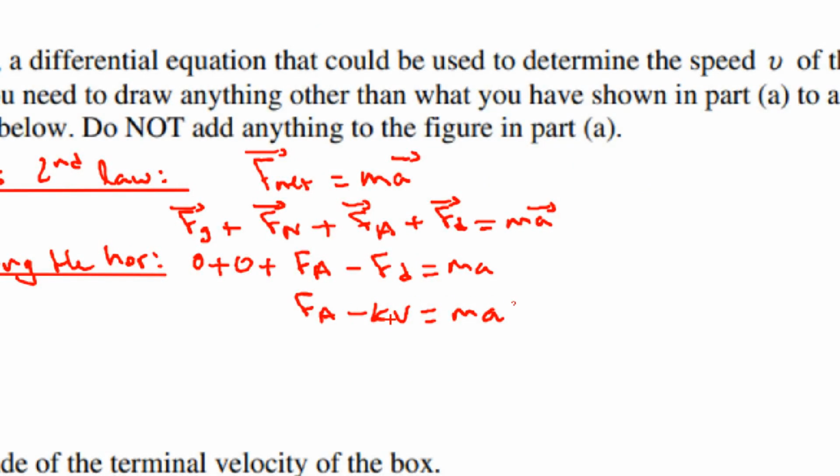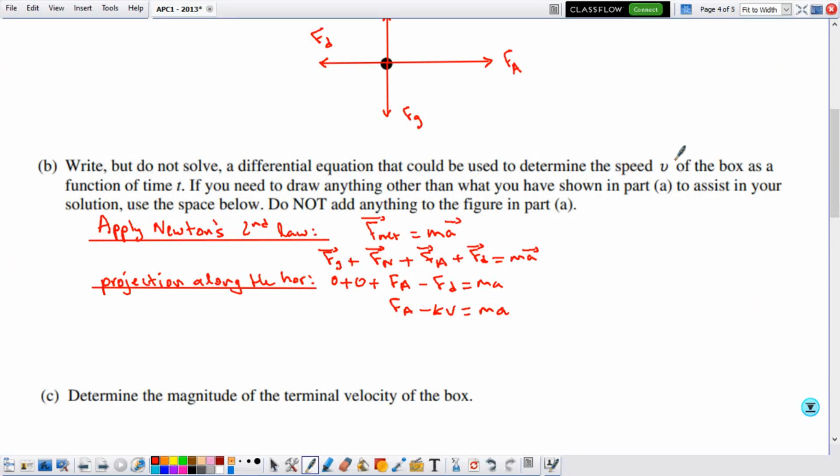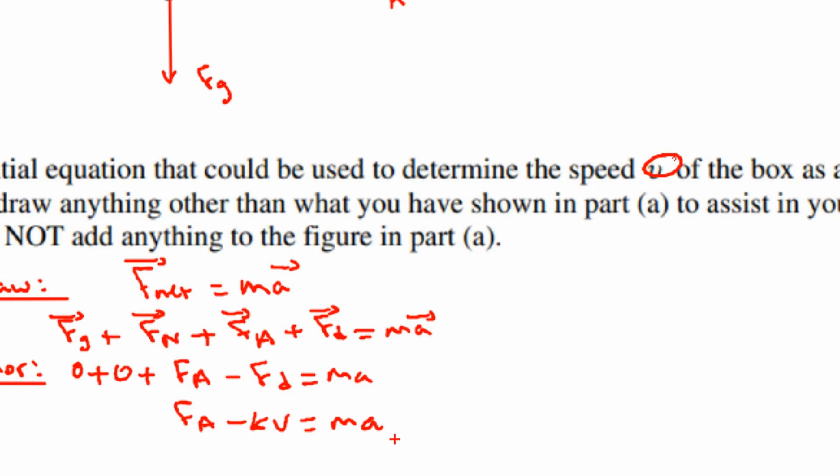Now considering Fa, k and m are constants, we have two variables given by v and a, then we can convert one to the other using calculus, using a equals dv by dt, which converts this equation into a differential one. And so you can ask yourself if v should be converted to a or a converted to v. Since they're asking about the differential equation of v, we will convert a to be in terms of v.